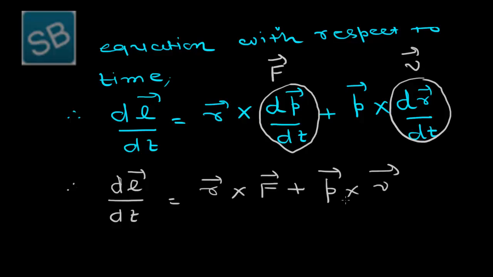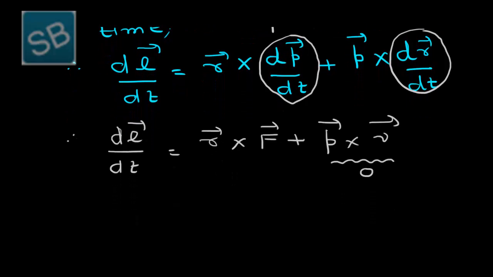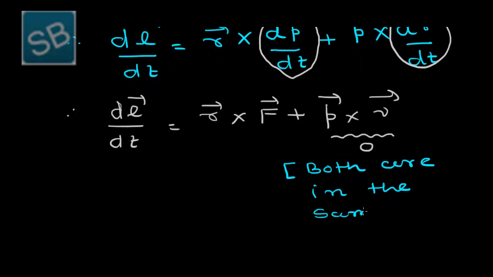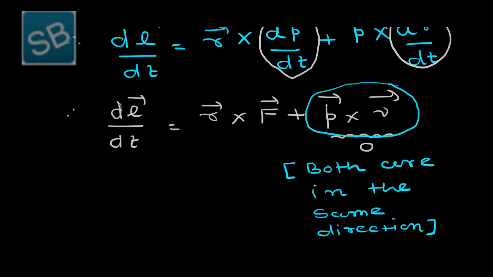But here if you see, the velocity and momentum both are in the same direction, and so their cross product will be 0. What is the reason behind that? The reason is that both are in the same direction, and so this vector product will be 0.